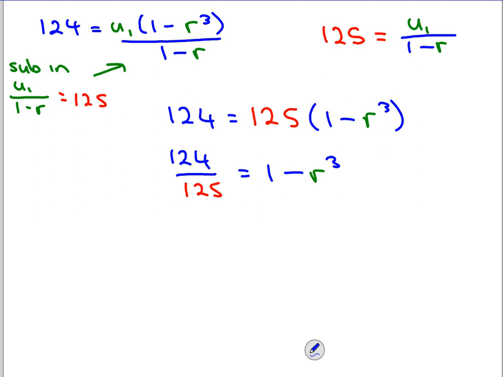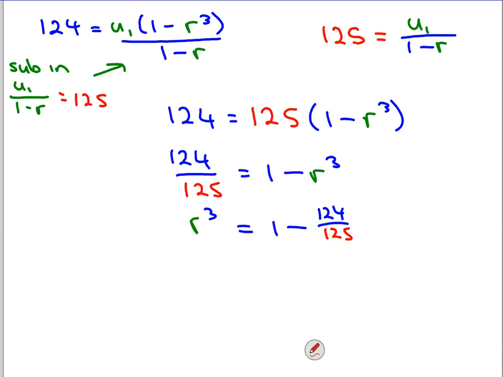That's my favourite way to do it, just because you're not having to deal with the negative then. So r cubed equals 1 minus 124 over 125. And that's just a little fraction.